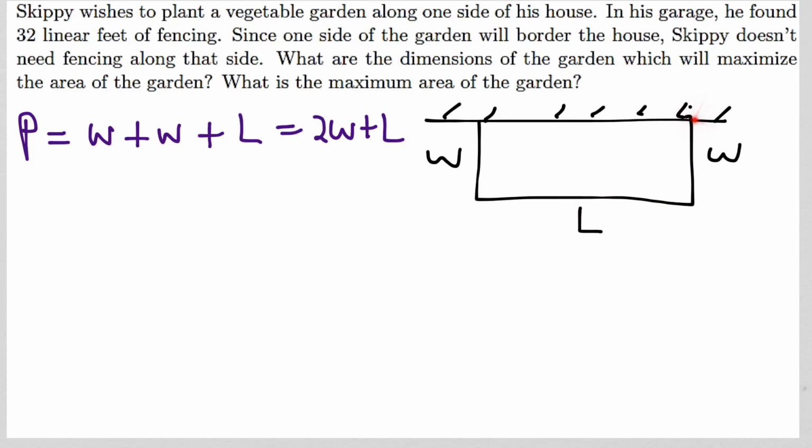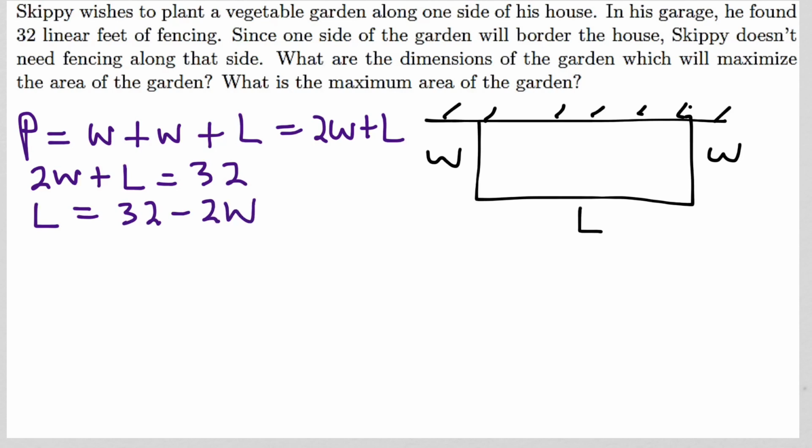So perimeter would be 32 feet. That means 2W plus L is 32 feet. So I can say L is 32 minus 2W. Then he wants to maximize the area of the garden, so we need an expression for area.